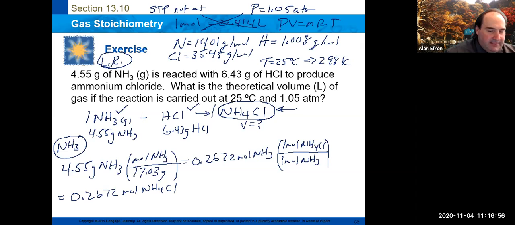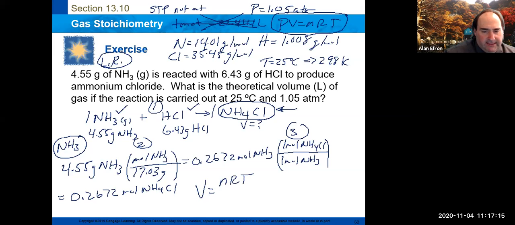Again, the basic steps are still the same: balance the equation, convert to moles, and use the mole-to-mole relationship. Here, though, because we're not at STP, we are forced to go through the ideal gas law. We solve for volume, which is nRT divided by P. I did the one conversion we needed, converting the temperature into Kelvin.